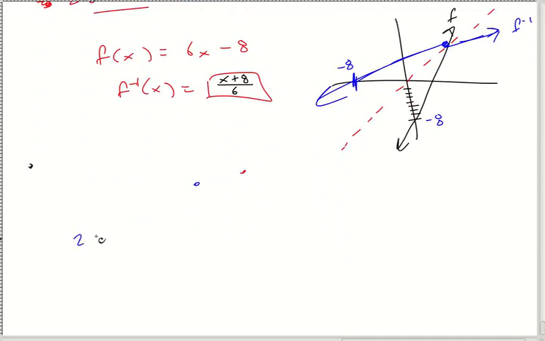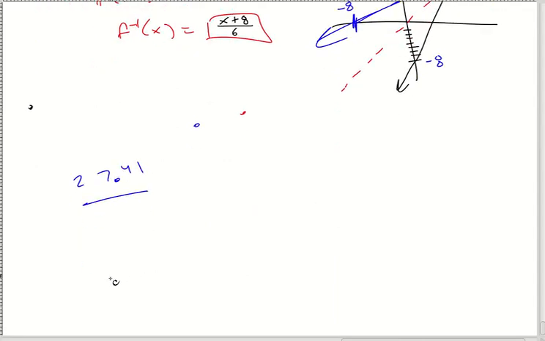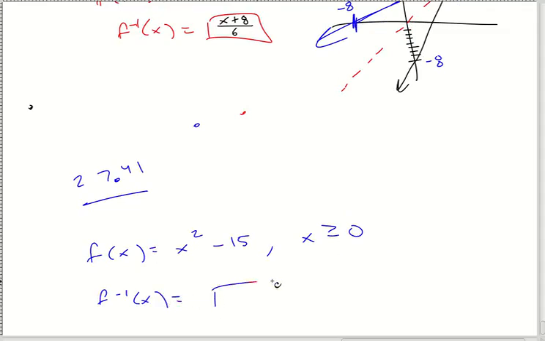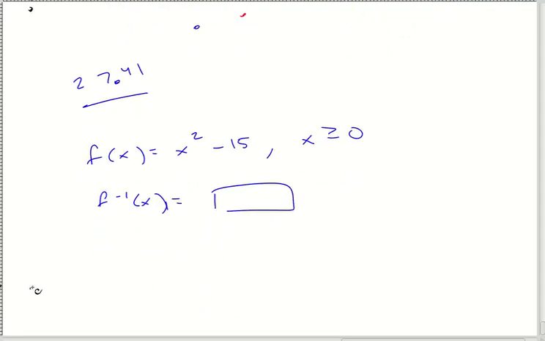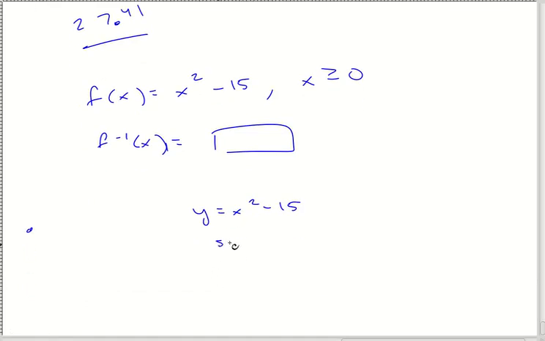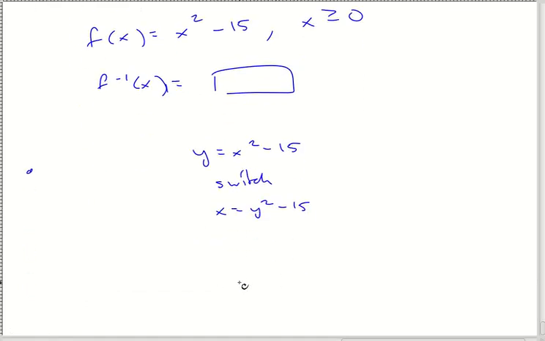Okay. 2.7.41. I have f of x is equal to x squared minus 15, with x greater than or equal to 0. Find the inverse. Okay, whoa. Let's talk, because this one's a different one. It's not really that big. y equals x squared minus 15. I'm going to switch them: x equals y squared minus 15. And then I'm going to solve for y.